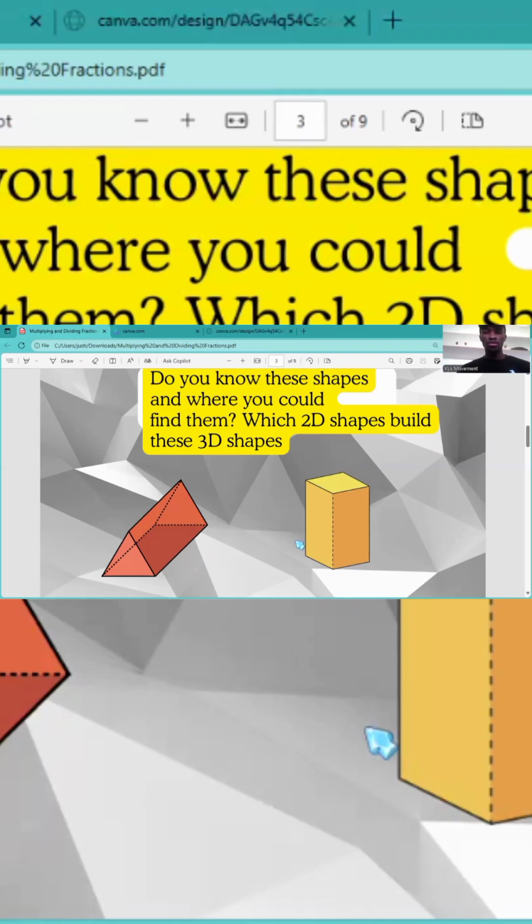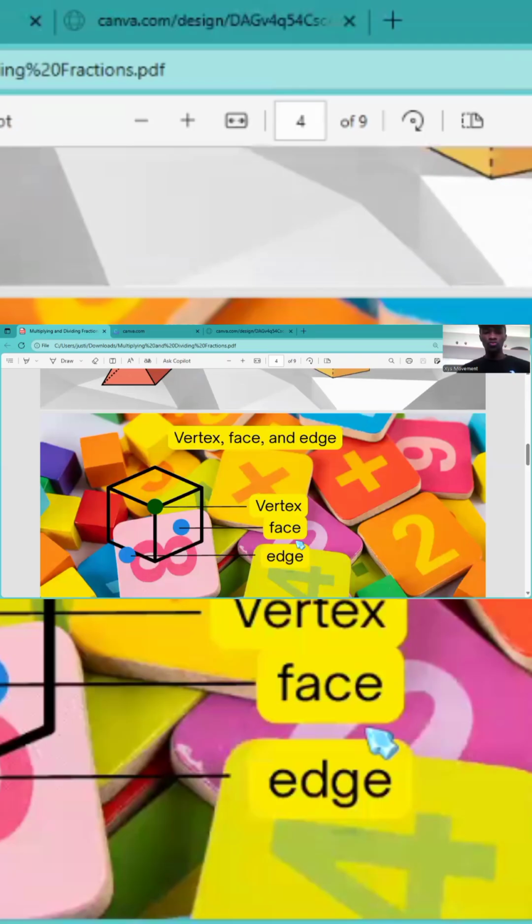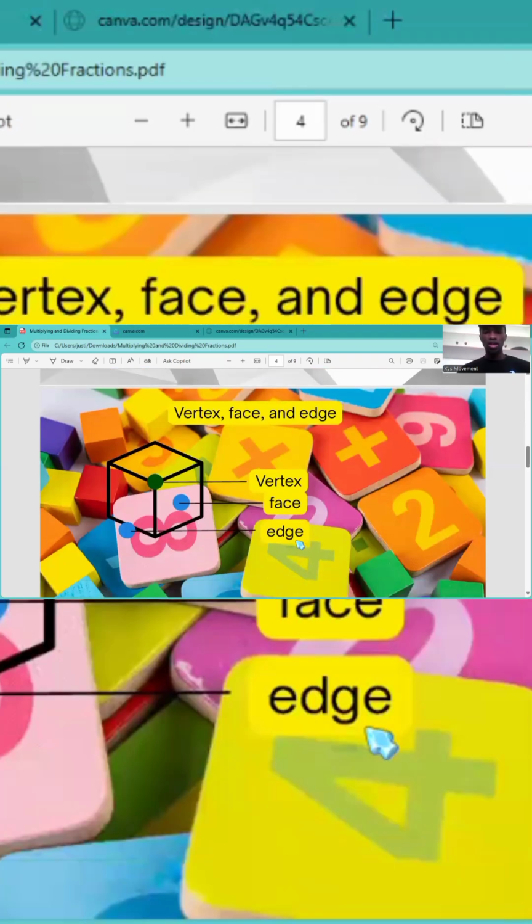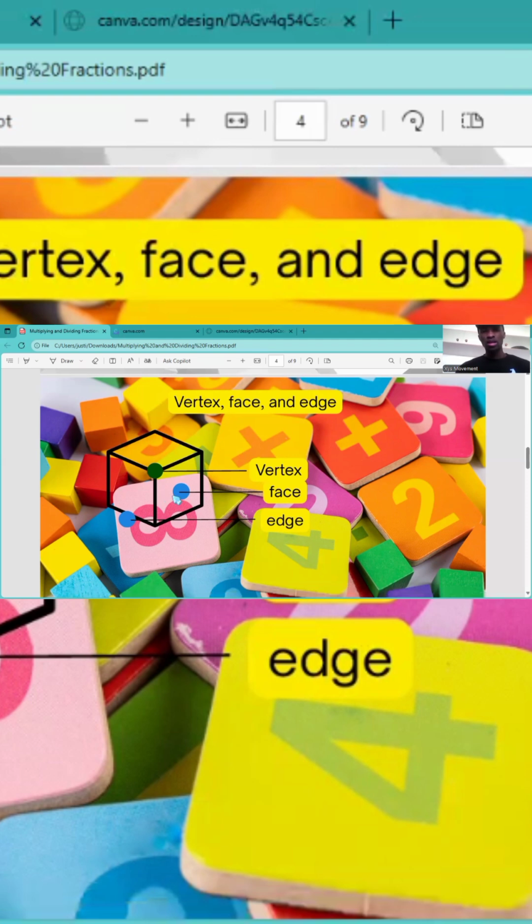As we continue, we have to talk about vertices, faces, and edges. Here I have a cube with me. We have to know the difference between vertices, faces, and edges, and it's going to help you with other shapes also.